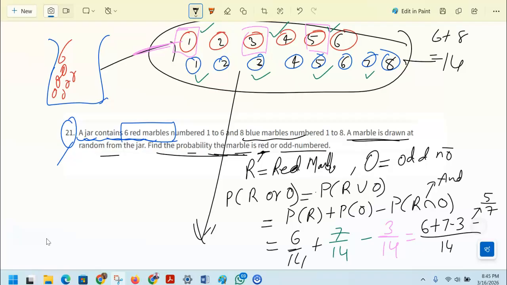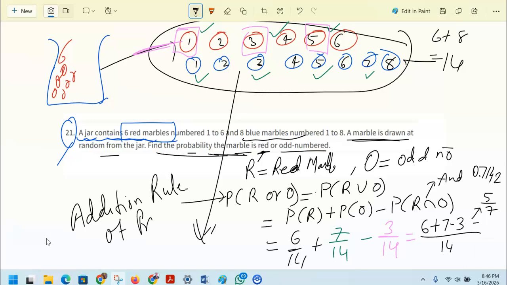In decimal, 5 divided by 7 is 0.714. And you're done. So we are using the addition rule of probability.